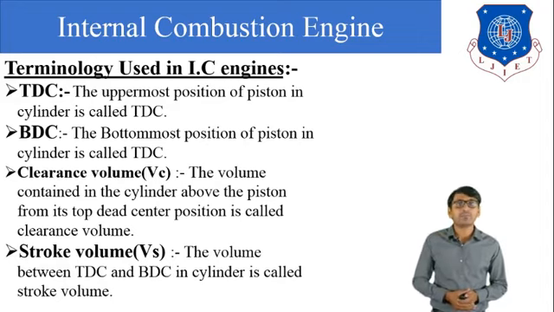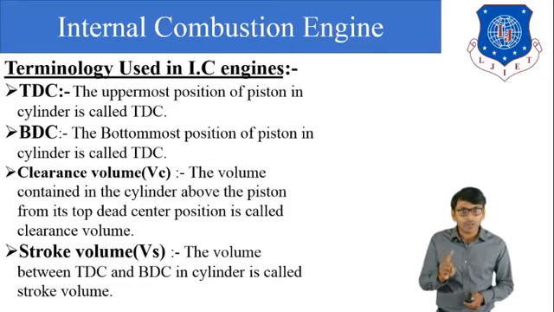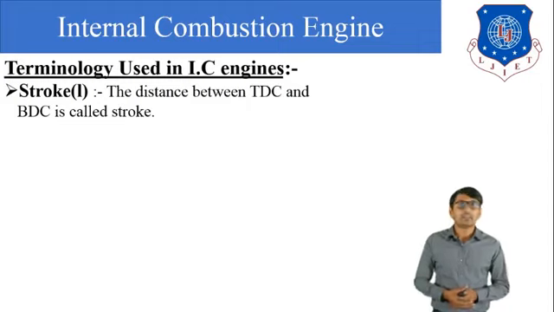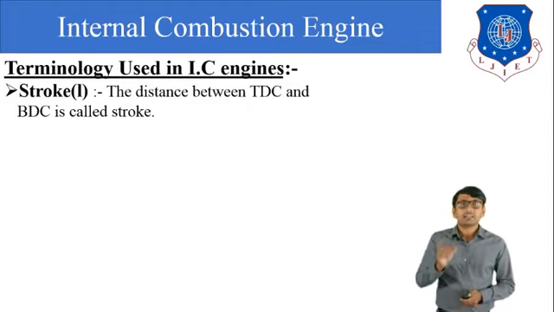The formula of VS is pi by 4 D square L, where D is the diameter of the cylinder and L is the stroke length. Next, stroke or stroke length, denoted by small l, is the distance between TDC and BDC.